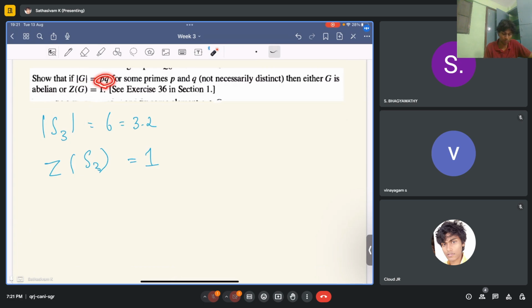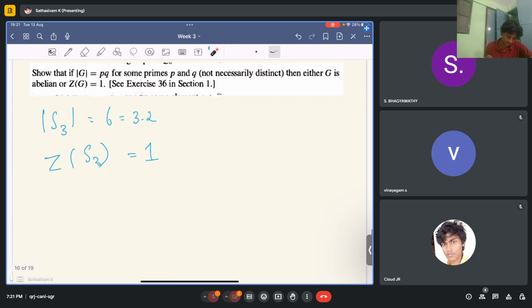For a group of order pq, you can say these are all the groups. In general, this is not an easy task. If you are given a number, what are all the groups? This is not easy, but for pq, you can actually classify it. Anyway, I gave the spoiler, but these are nice groups. This is a nice order, which you can classify. You can say, okay, these are all the groups. Anyway, let's go quickly.